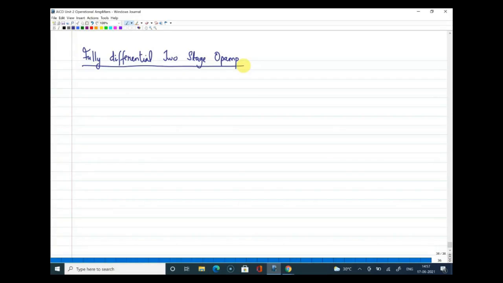Fully differential two-stage op-amp. First stage can be a differential amplifier. Second stage is a common source amplifier. Don't worry if you are making a mistake, that's fine.